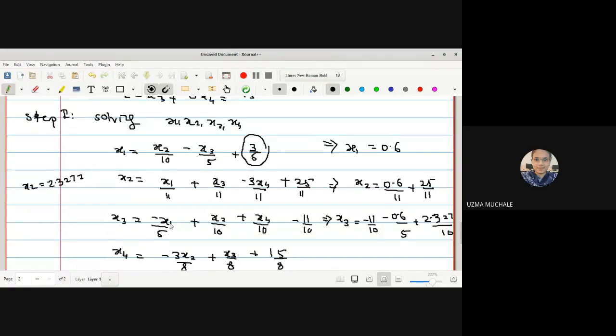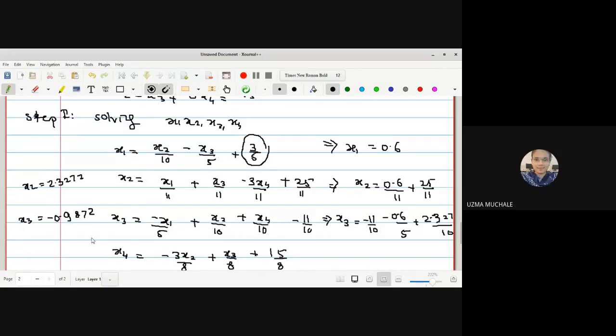Okay, in every step, you are getting one value. So what will be the value of x3 from this? Minus 0.9872.